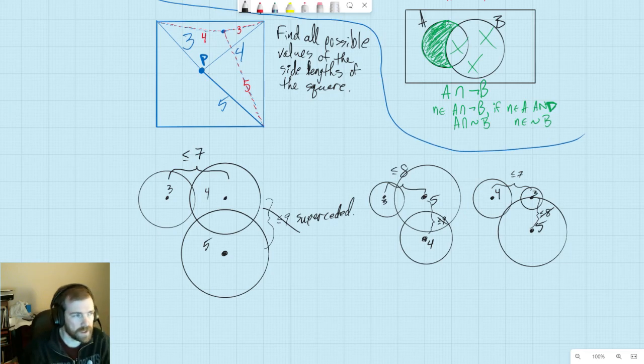So each of these things puts a different circle at the center corner. So the one that's in between the other two. Any other arrangement is just going to be the same as one of these. It's just that it's going to be rotated, it's going to be flipped, something like that. So these are the three unique setups.